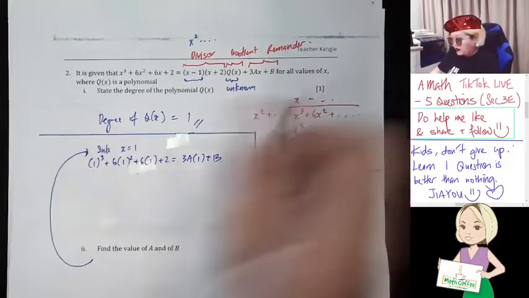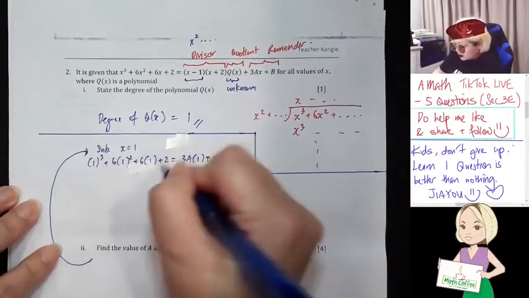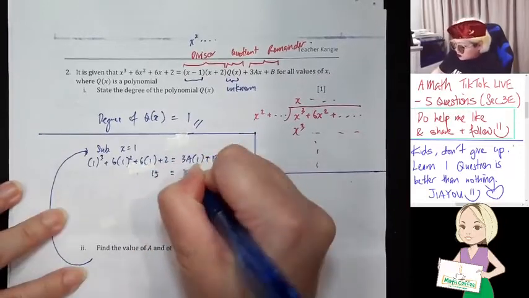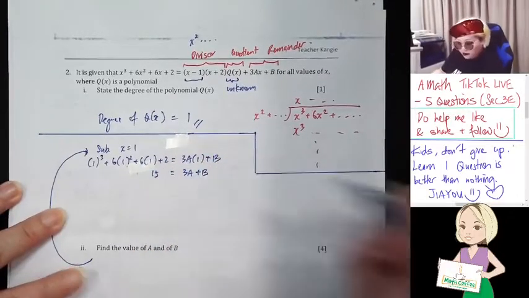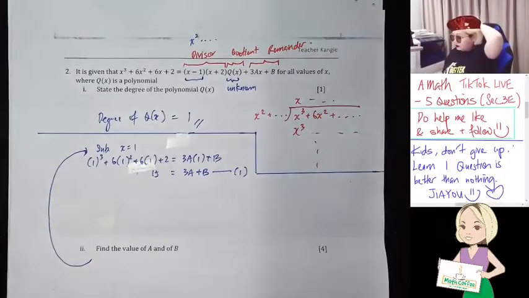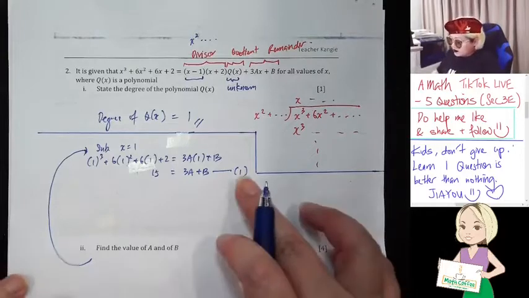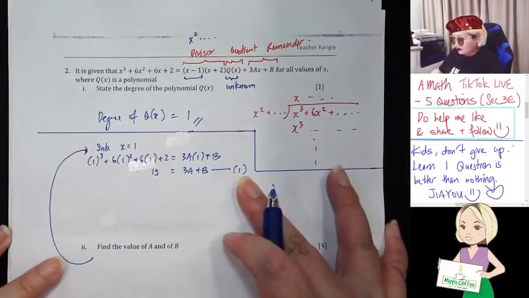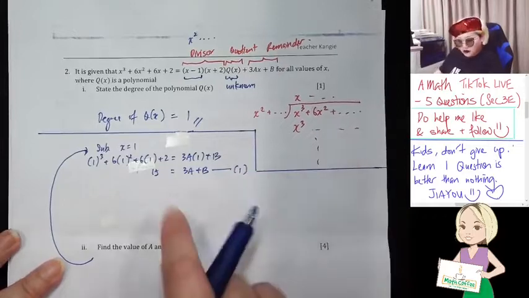When I simplify this, press calculator, this side will give me 15. This side will be 3a plus b. So this is your equation 1.